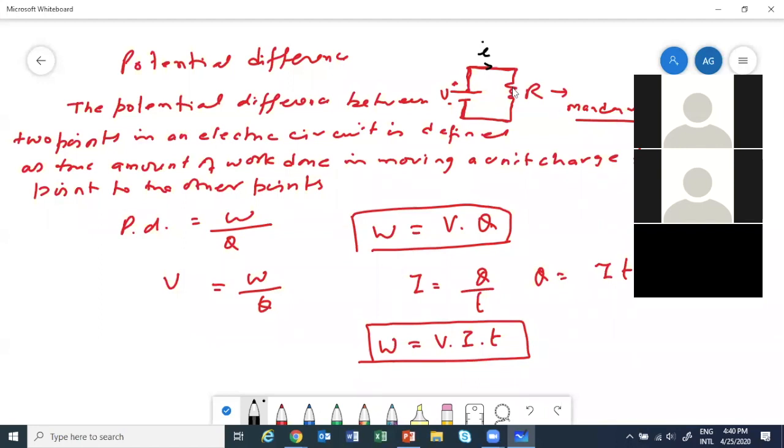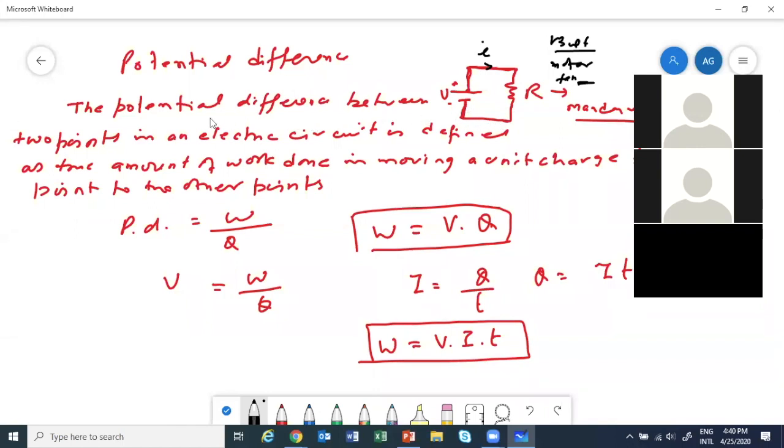How is the work done? This resistance may be a bulb, a motor, a fan, or any electric appliance. If the bulb works, the motor runs or the fan runs, that means some work is done. After passing through this resistance, the charges come to this point.